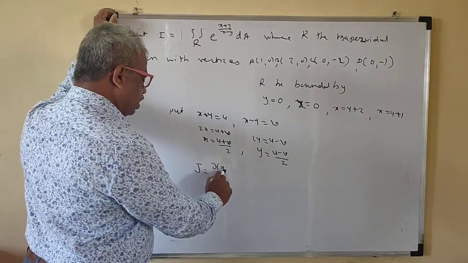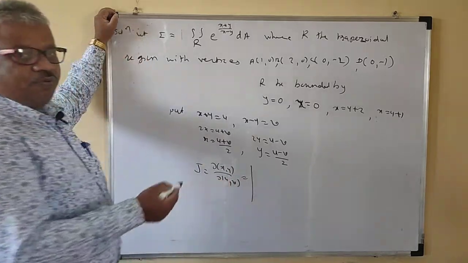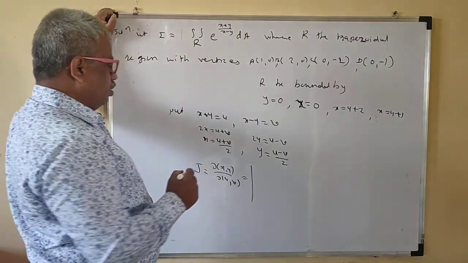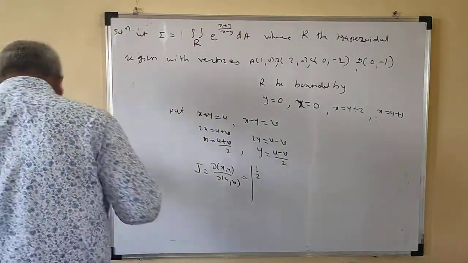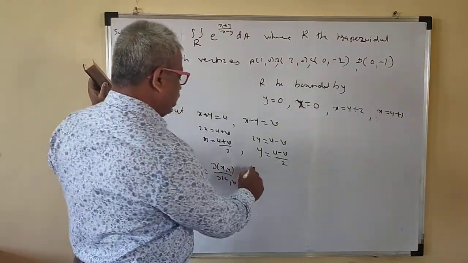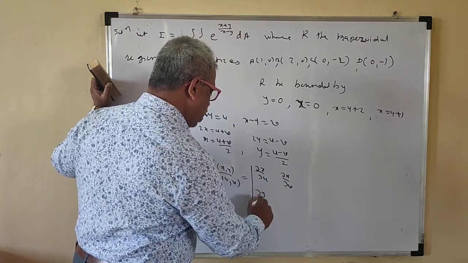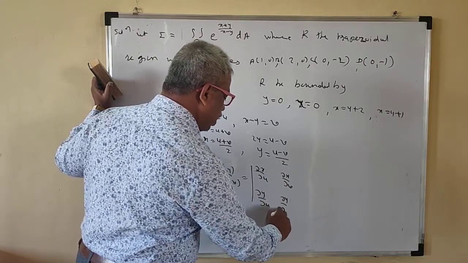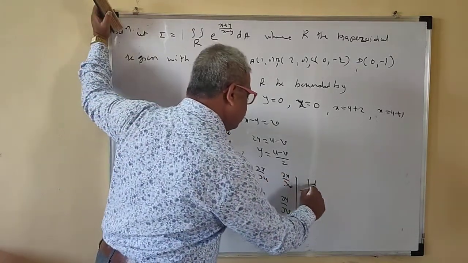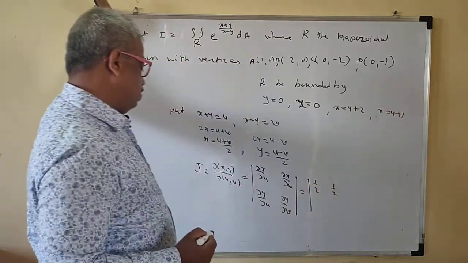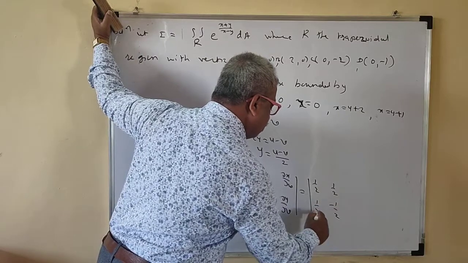So we'll find the Jacobian. Jacobian is dou xy by dou uv. If we get a negative, we take the modulus of that. First we write the formula: dou x by dou u, dou x by dou v, dou y by dou u, dou y by dou v. Dou x by dou u is half, dou x by dou v is also half, dou y by dou u is half, and dou y by dou v is minus half.